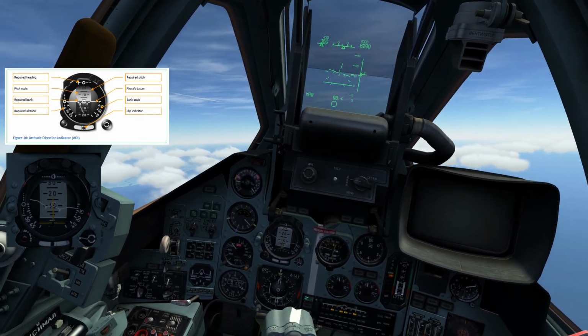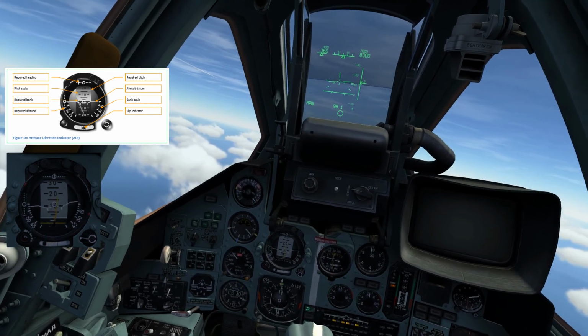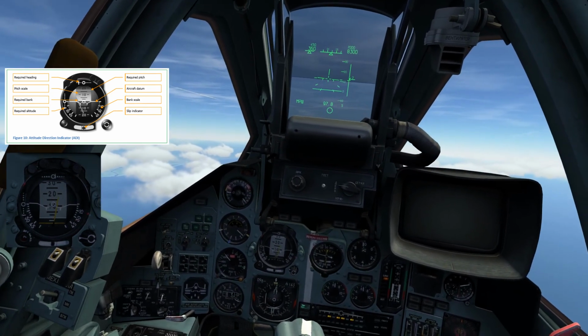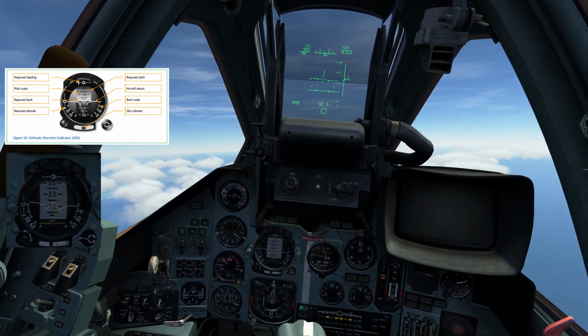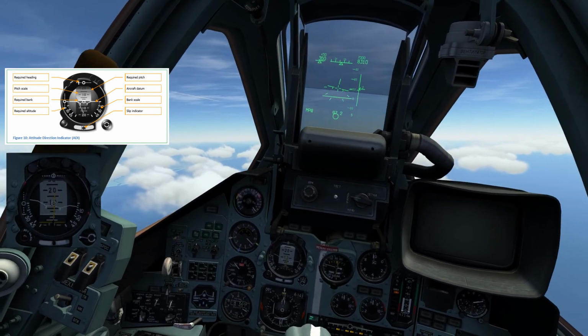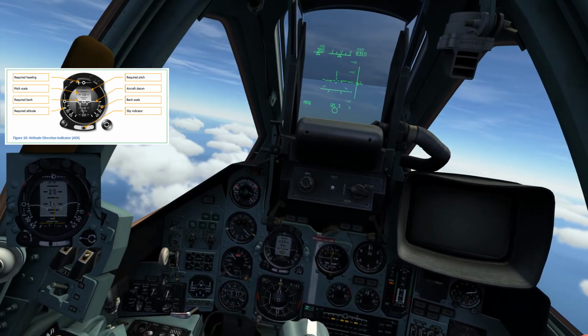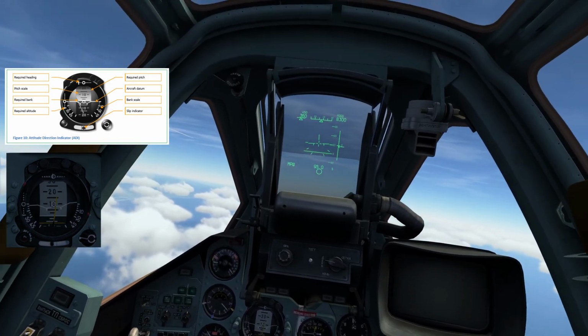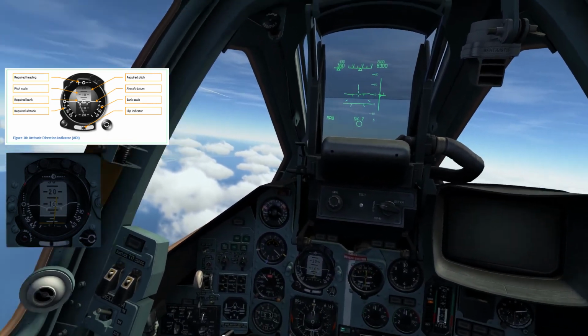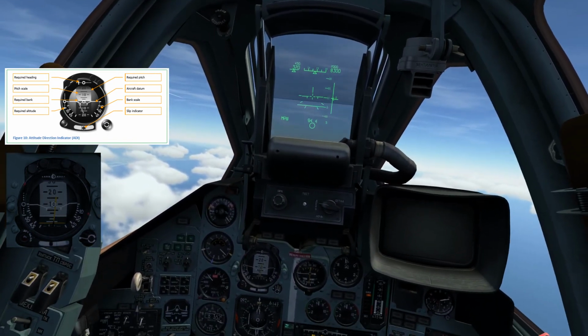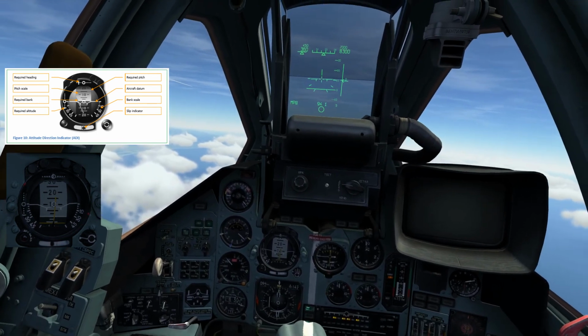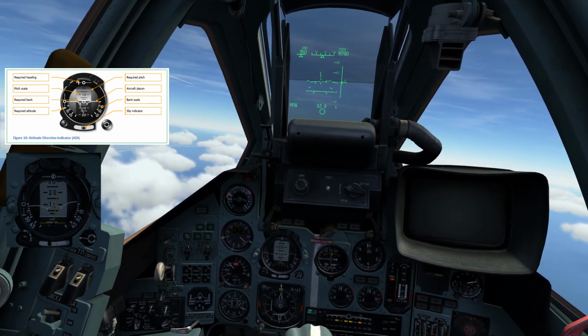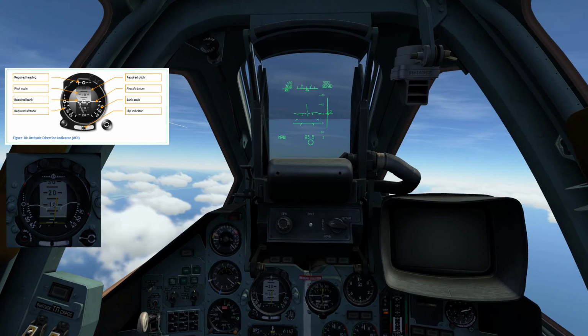So now, according to the ADI, since it's fairly much centered now, I am on course line between waypoints 4 and 5. And I'm also directly pointed at waypoint 5.